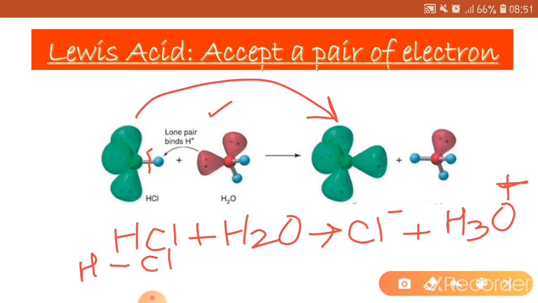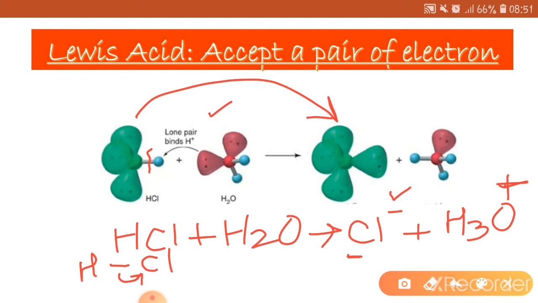Now you may see here that when the oxygen atom donated electron pair, the hydrogen atom leaves the HCl molecule by giving its electron to the chlorine atom. Now when it gave electron to the chlorine atom, it has an additional electron in its valence shell, and because of the presence of this additional electron, chlorine atom got a negative charge and was converted into chloride ion.